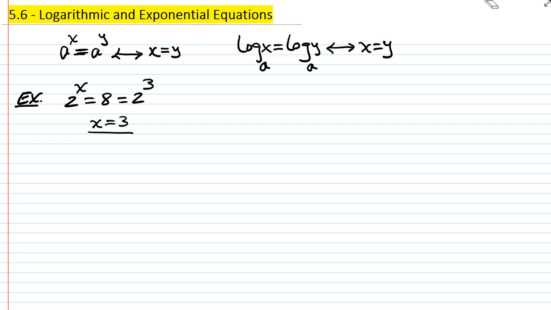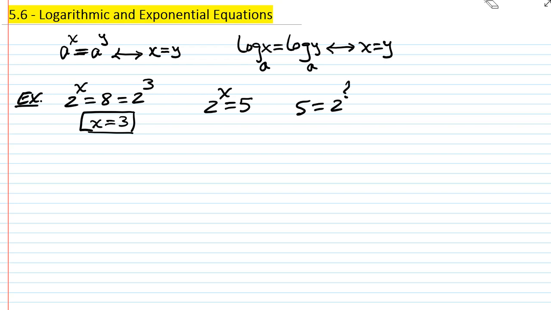So that's the first type of exponential equations. Now there are other types where we cannot get a common base. For example, suppose instead of 2 to the x equal 8, I have 2 to the x equal 5. See, now I cannot write 5 as 2 to some whole power.